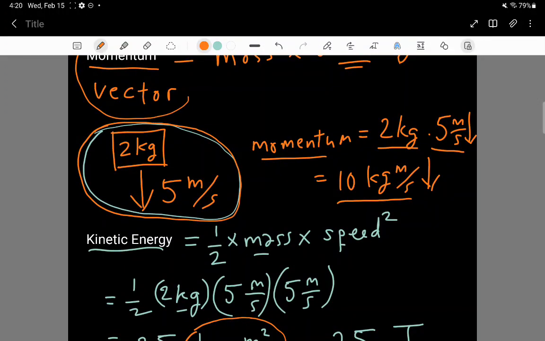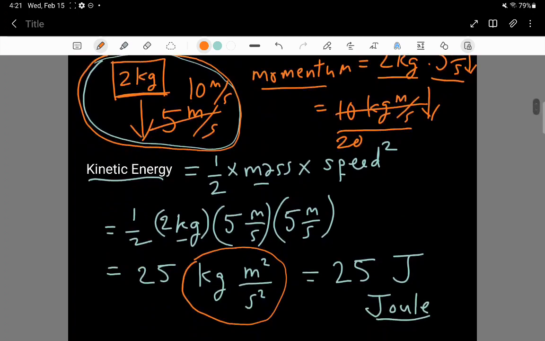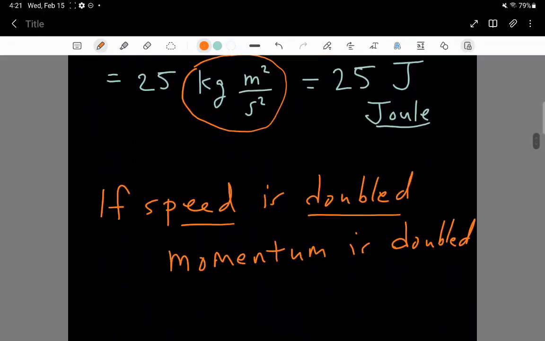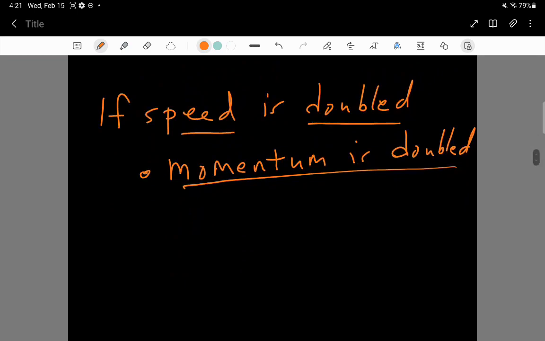And 2 kilograms times 10 meters per second instead is going to give you 20, right? 20 kilograms meters per second down. So if the speed is doubled, the momentum is doubled. But if the speed is doubled, it turns out that the kinetic energy is not doubled, it's quadrupled.